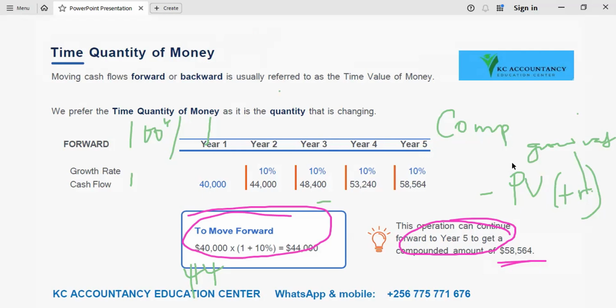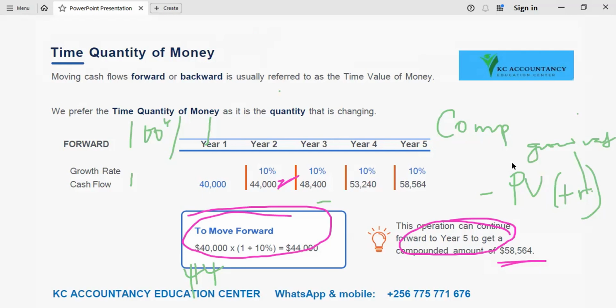So now, hope you've been able to see how we've done the mathematics and how it works. We've taken the $40,000, we multiplied by 1 plus 10%, and that gave us $44,000. The real takeaway from this point is that the same process that we used to compute the first cash flow of 44,000 is the same process that we continue over and over until we go through the different years that we have to forecast.